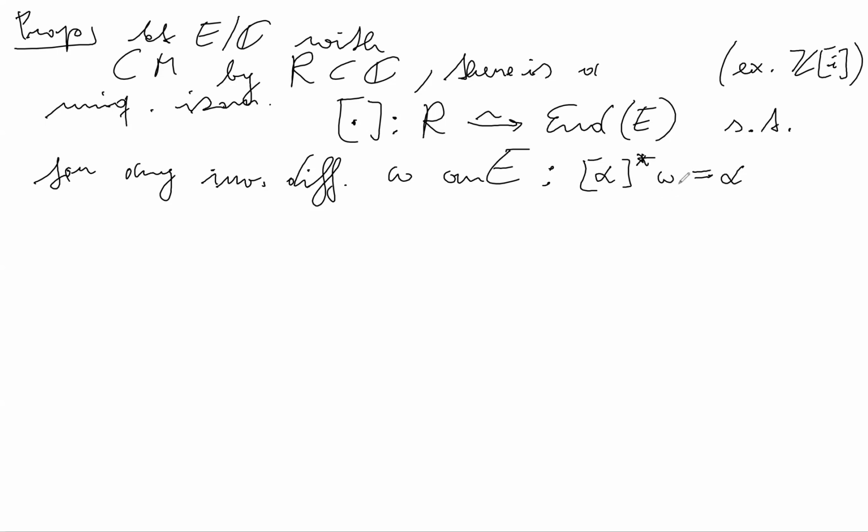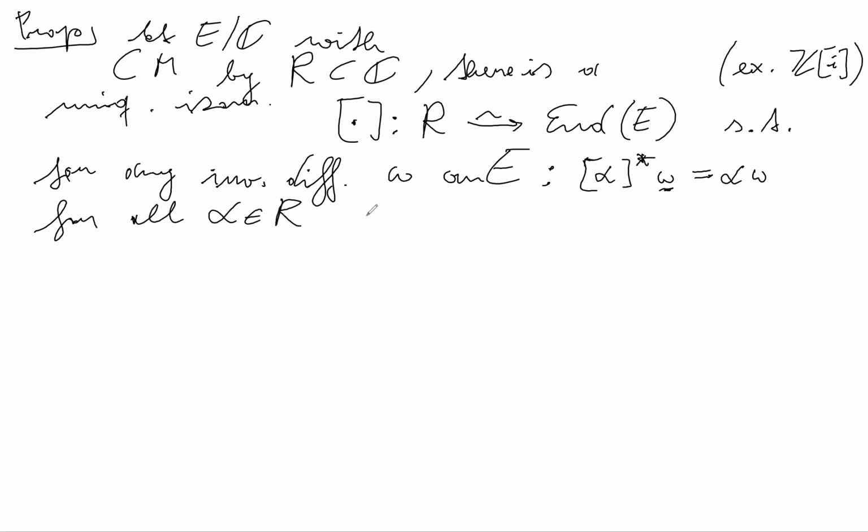If I consider omega, the invariant differential on my elliptic curve, and pull it back through this isomorphism, then this is just multiplying the invariant differential by this complex number alpha. This is the way we're going to fix it, and this works for all alpha in R.